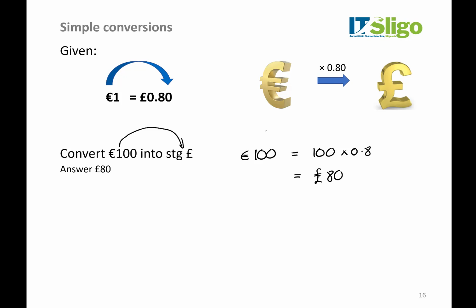So really, guys, just to be clear, €1 is 1 by 0.8 sterling. Sorry, that's meant to be a sterling sign. Then we can just multiply both sides by 100, and we get our answer of 80 sterling. 100 euros is equal to 80 sterling.